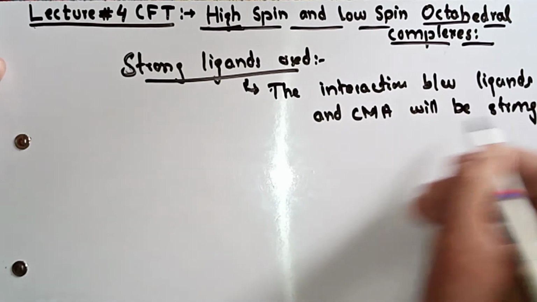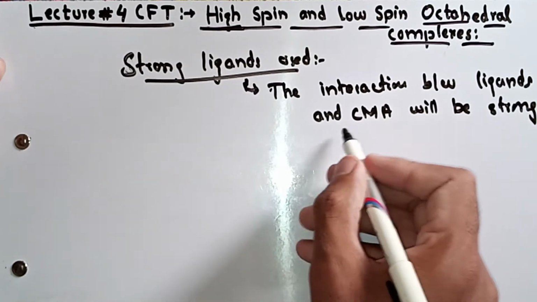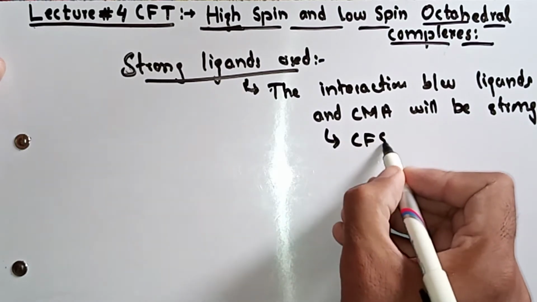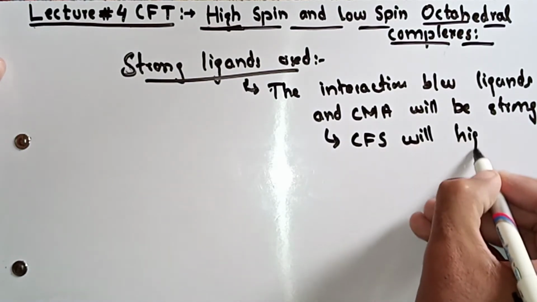When the interaction between ligand and central metal atom is stronger, the crystal field splitting will be higher.